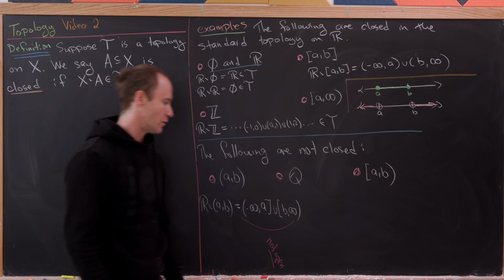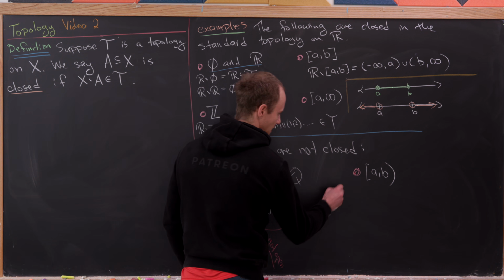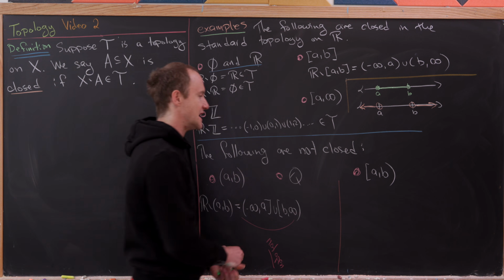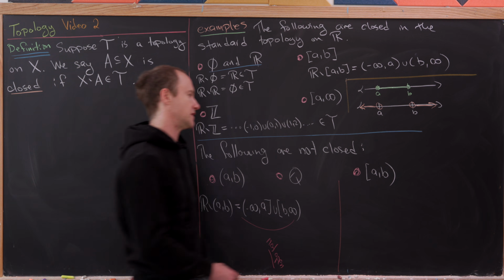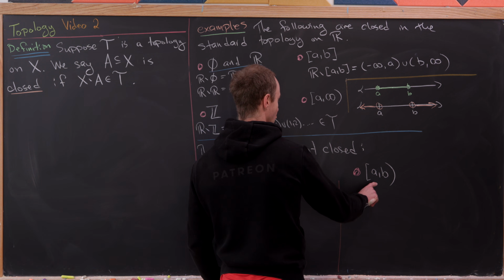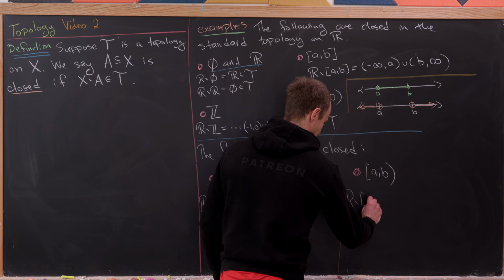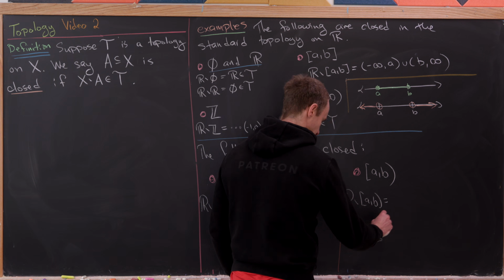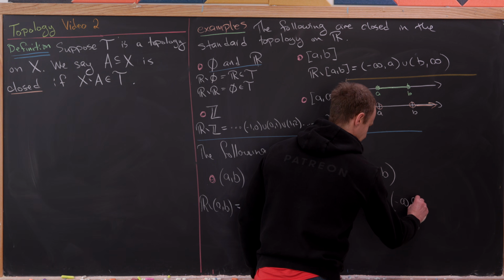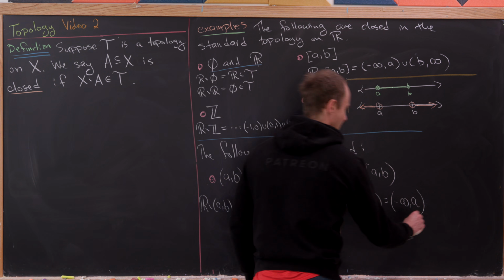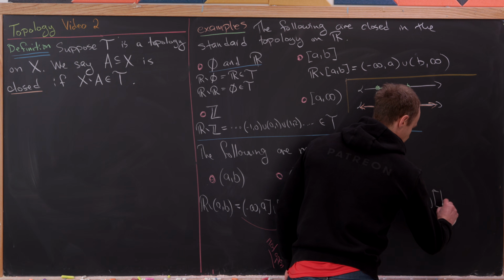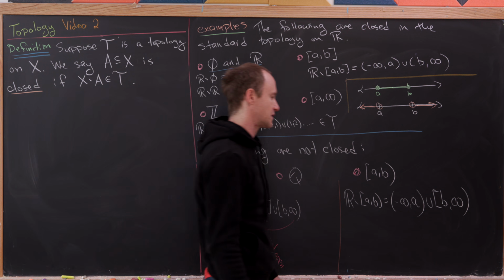Now, what about this last one over here, the interval from a to b, including a but not including b? This was not open, I think you probably recall that, but if you take its complement, R set minus [a, b), what you get is the interval from -infinity to a, not including a, union the interval from b to infinity, but we do include b.